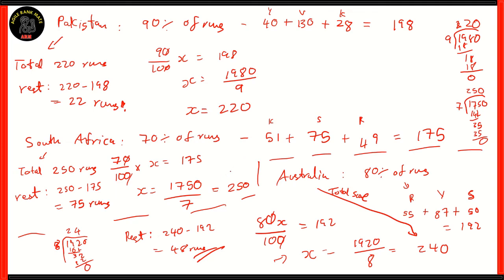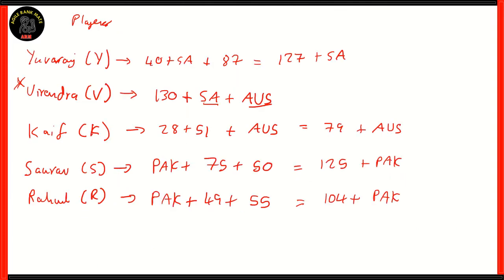Therefore, it's quite difficult to find out how much Yuvraj has scored, since there's a high number of runs contributed by the rest of the team, it could easily have been distributed in any way. So Yuvraj cannot be considered.